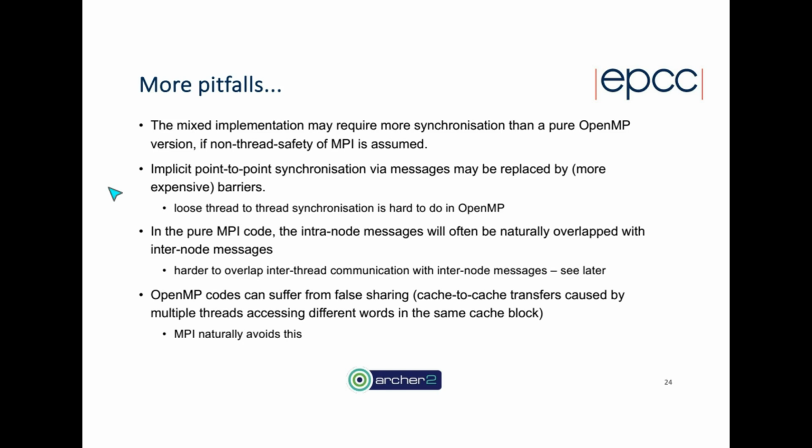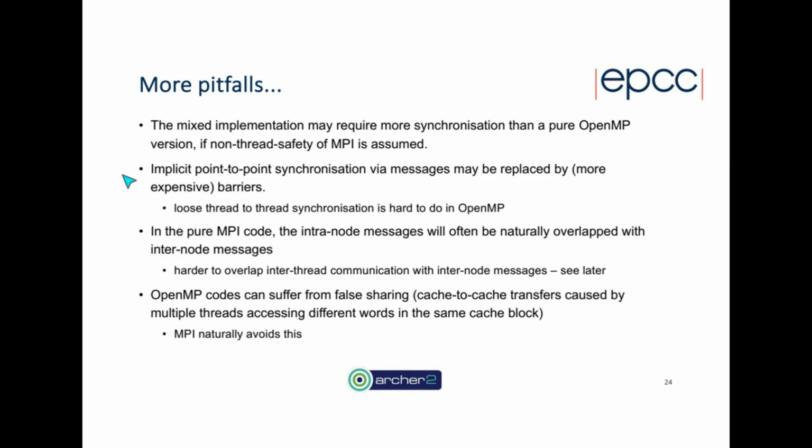MPI processes synchronize, for example, where you have a blocking receive, or an MPI wait, or potentially at collective communications. But in MPI, if you're doing point-to-point communication, you're also doing point-to-point synchronization. So the MPI processes only have to wait for the processes that are actually communicating data to them.